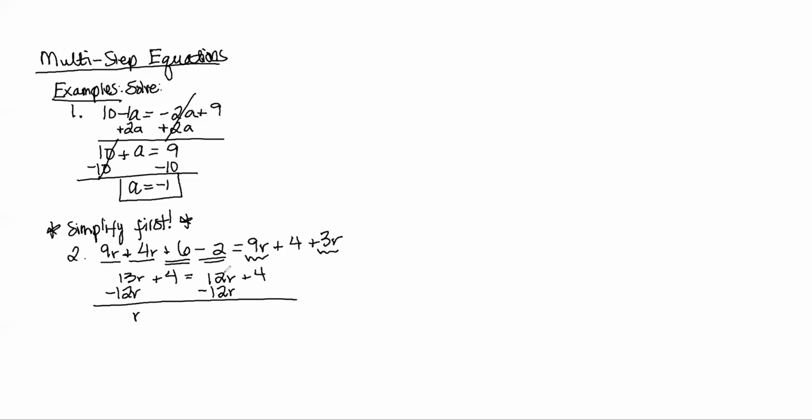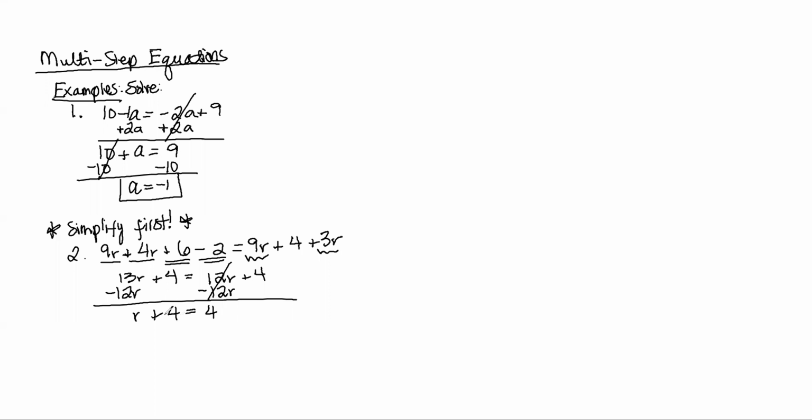Bring down everything else, so plus 4. On the right side, we're left with positive 4. I said 4 and wrote an r. Oh well, I did that on the left side too. All right, sorry, on the left side it is r plus 4 equals 4.